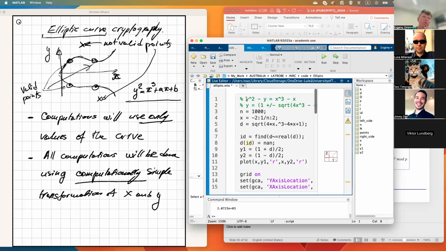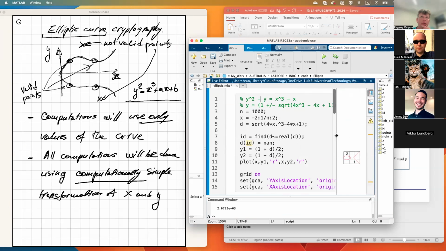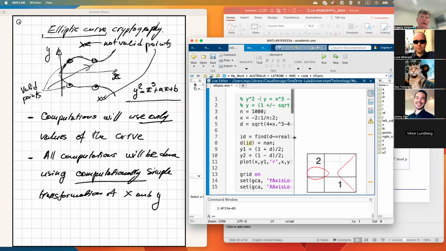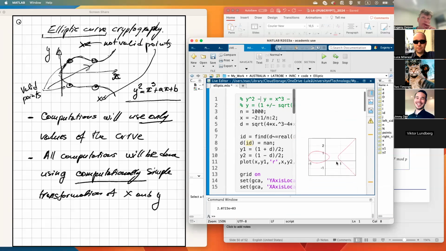So we have y not only squared but also y, and we don't have this. So a is 1, b is 0, like this. And if you plot it, if you run it, then you will see a picture like this. So this is one type of elliptic curve, a valid type of elliptic curve.